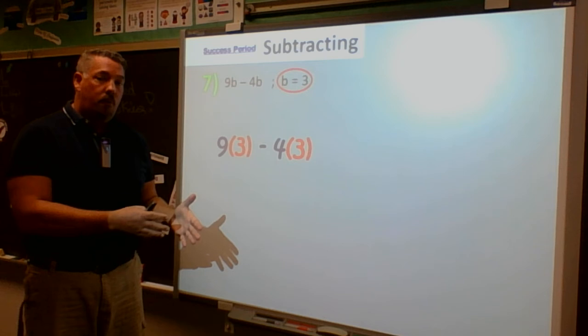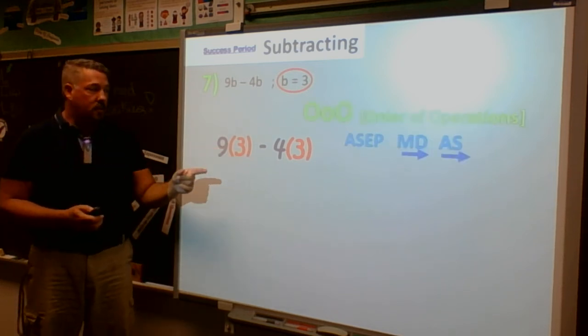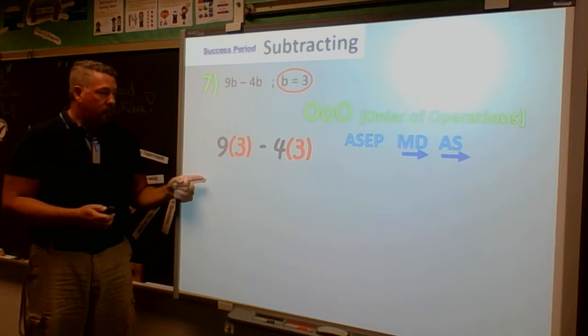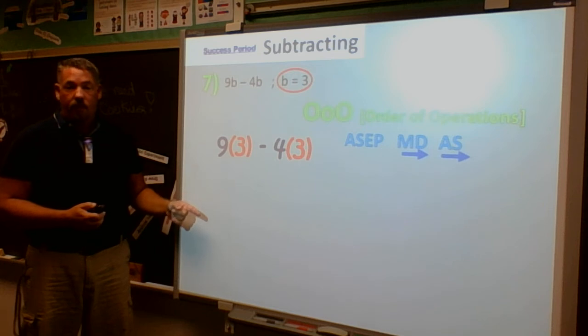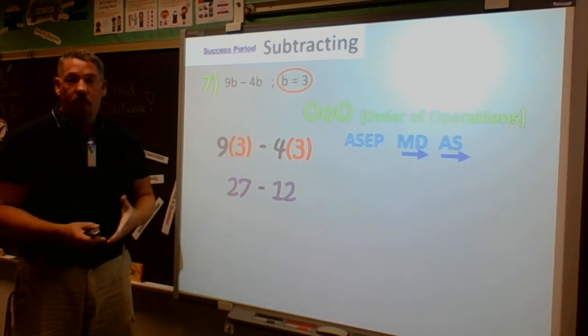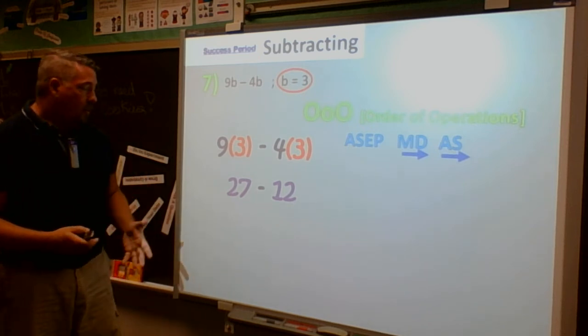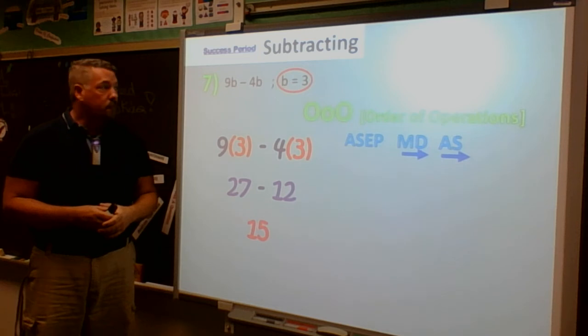Now, a second step of showing my work is to do those multiplications, because according to order of operations, that has to be my next step. And then I just bring down my subtraction sign. 9 times 3 is 27, and 4 times 3 is 12. I know I'm subtracting. Then I'm just left with getting to the right answer. 27 minus 12 is going to be 15.